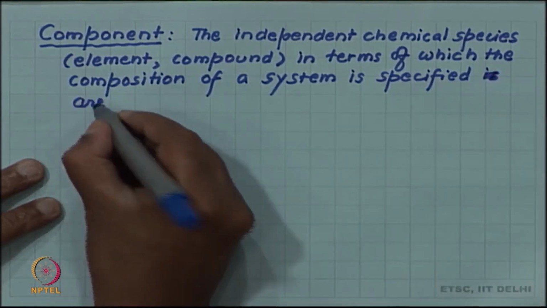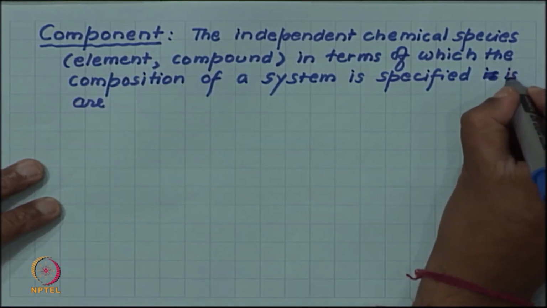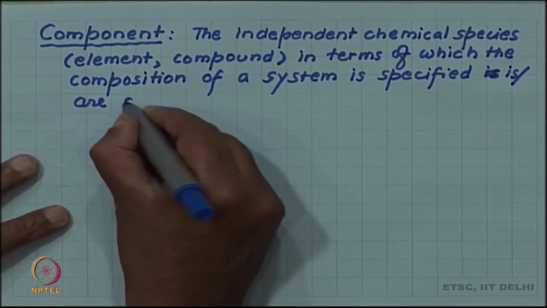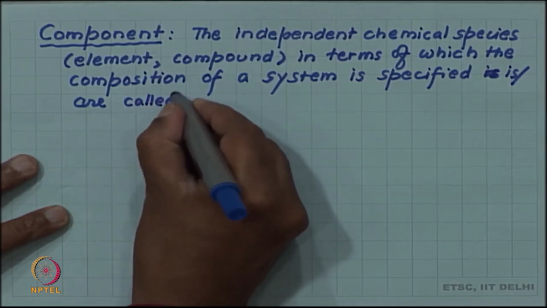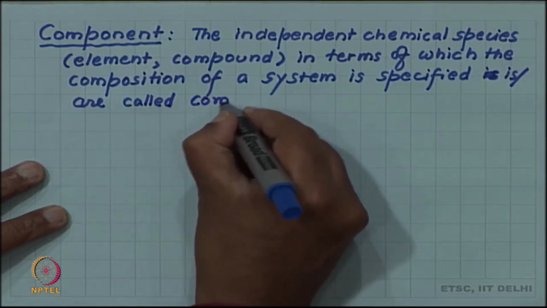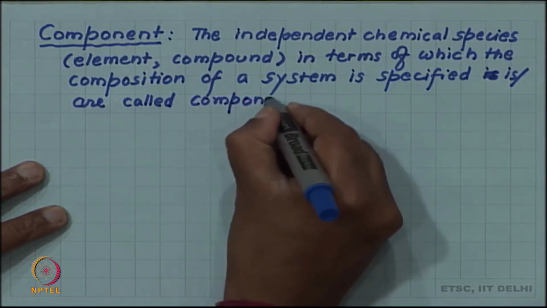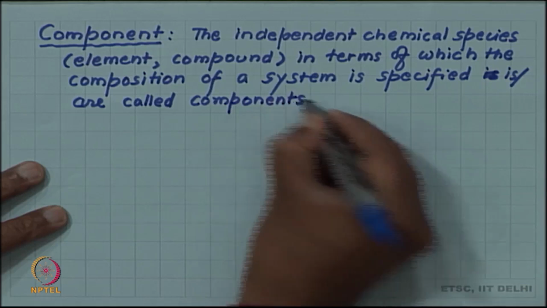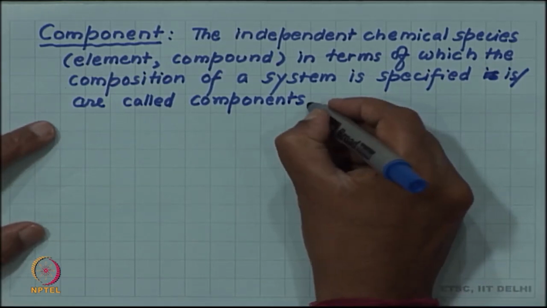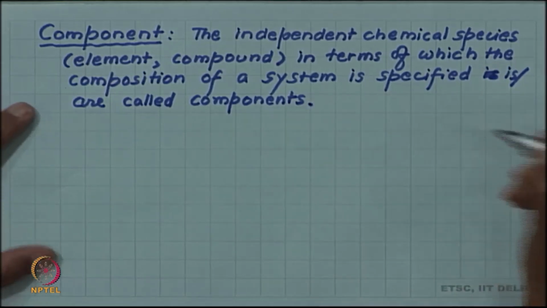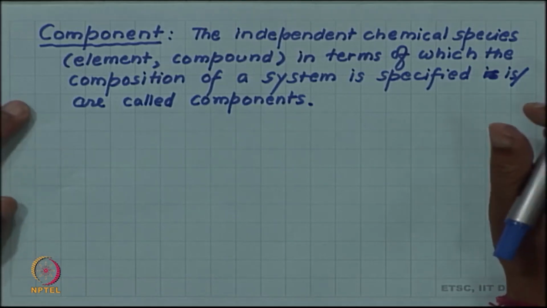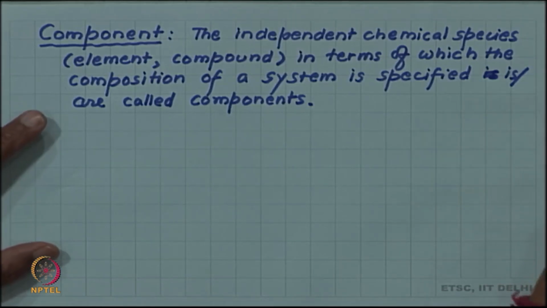or is or are, depending on whether it is a single component or called components. So, for example, in copper nickel system, the composition will require to give the proportion of copper and nickel.